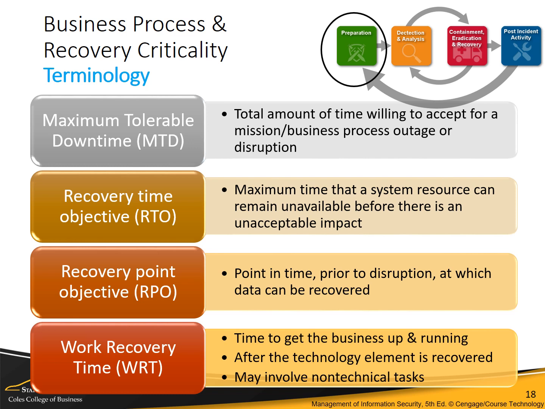This is the amount of effort expressed as elapsed time that is necessary to get the business function operational after the technology element is recovered. WRT typically involves the addition of non-technical tasks required for the organization to make the particular information asset usable for its intended business function again.